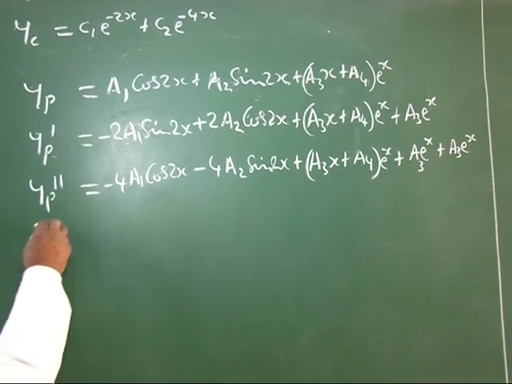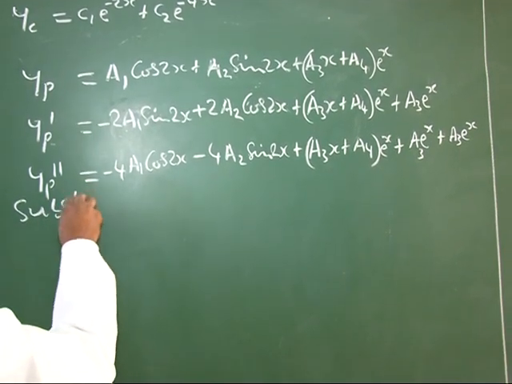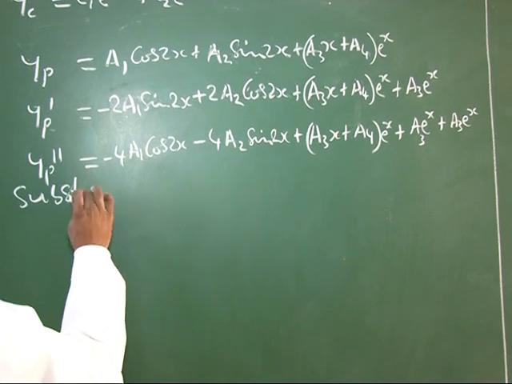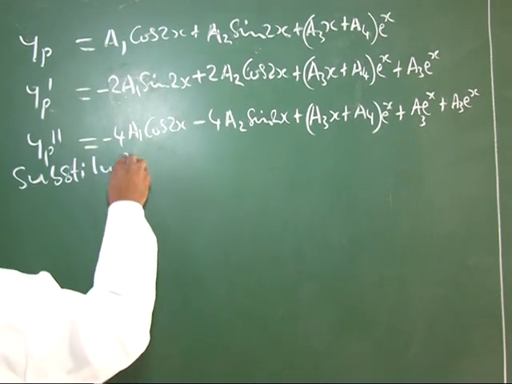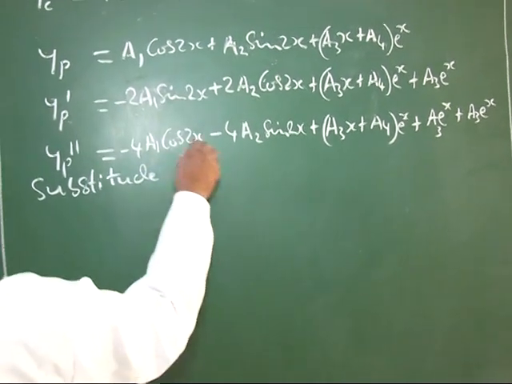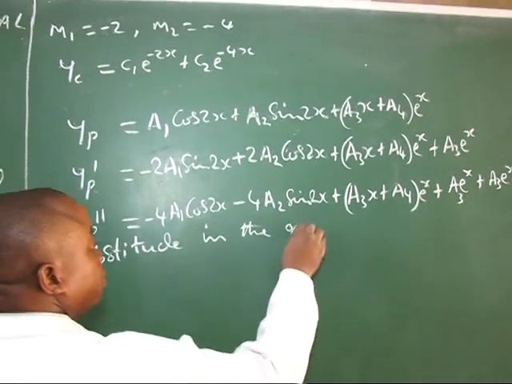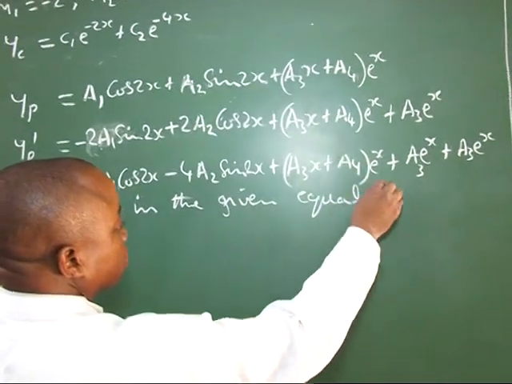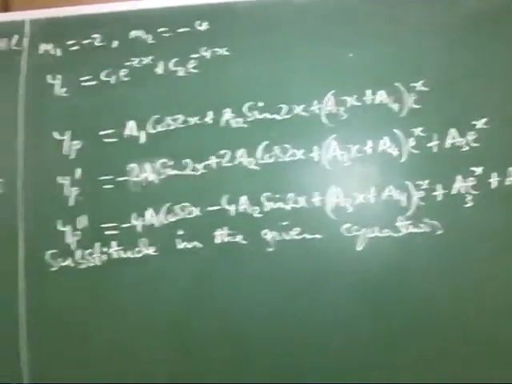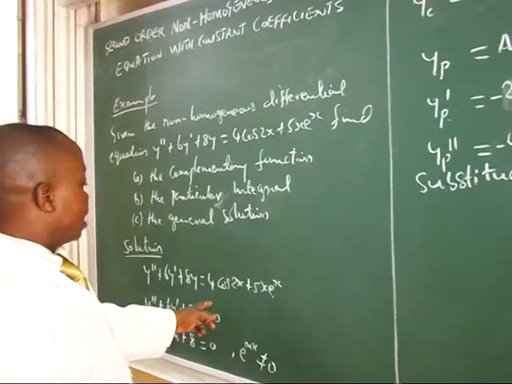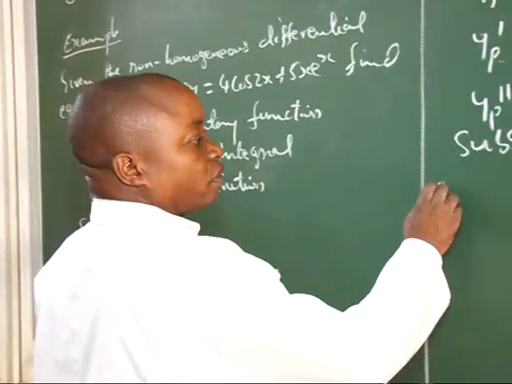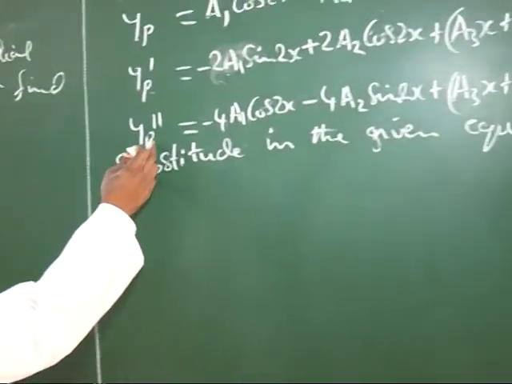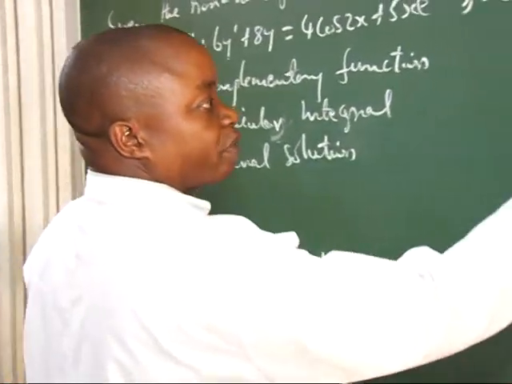We are going to substitute in the given equation. Now, the given equation was y prime prime plus 6 y prime plus 8 y. So we start with y prime prime, which is this.